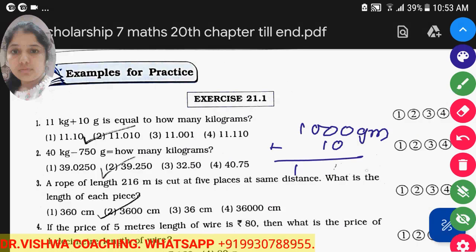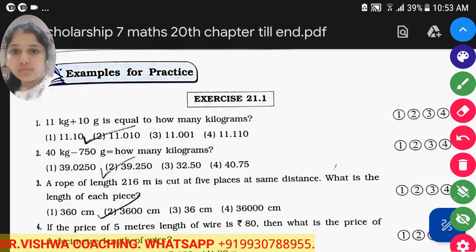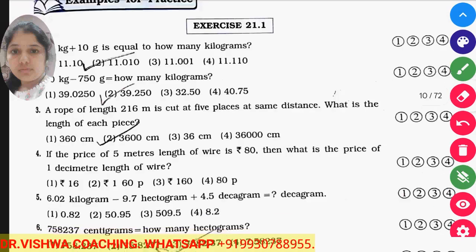So it becomes 1,010 gram. Now you have to convert it into kilograms, so you have to divide it by 1000. So with 3 places, the decimal should be added here. So it becomes 1.010. Okay. So like this you can convert it.